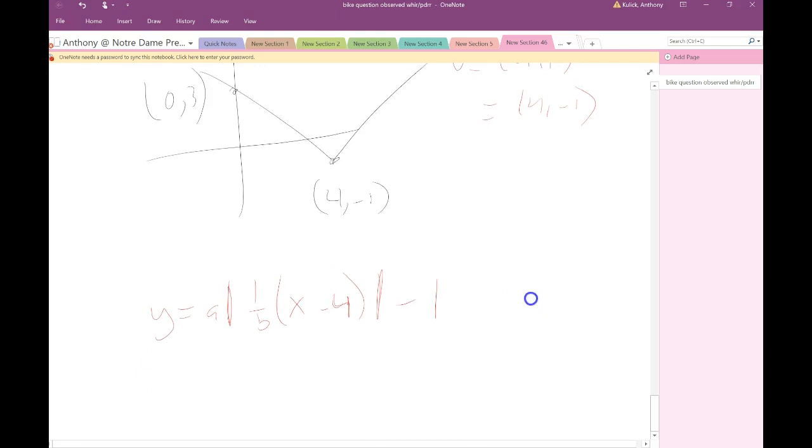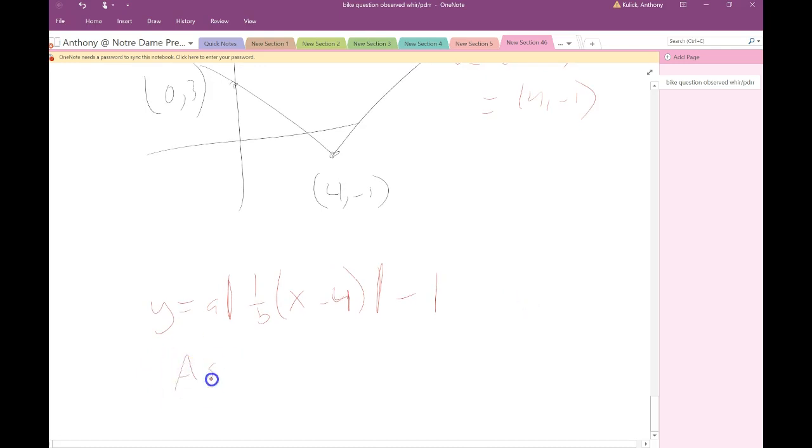Now, what we said was we're going to assume either a equals 1 or b equals 1, depending on which way the graph opens. When the graph opens up, we pick the a value to be 1, or when the graph opens down, we pick the b value to be 1.